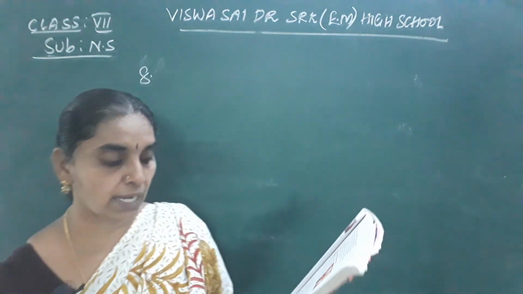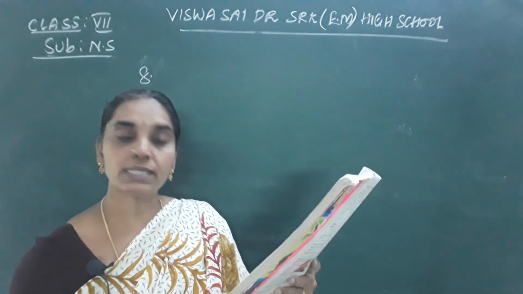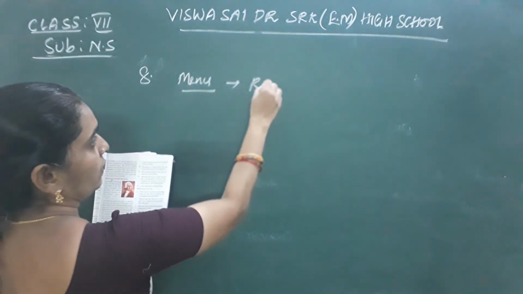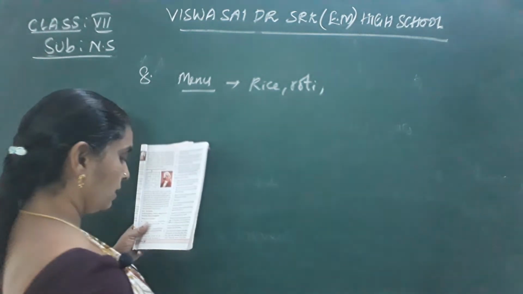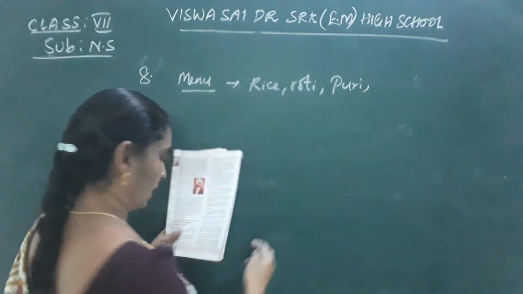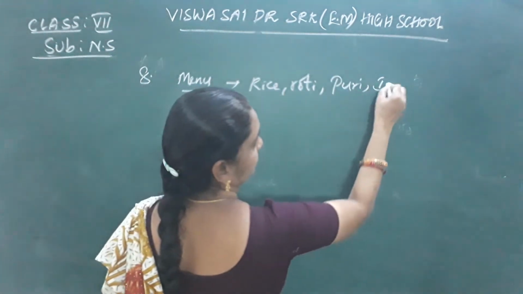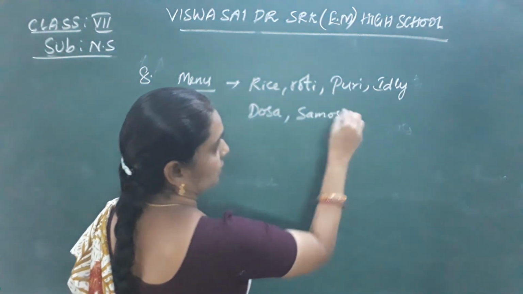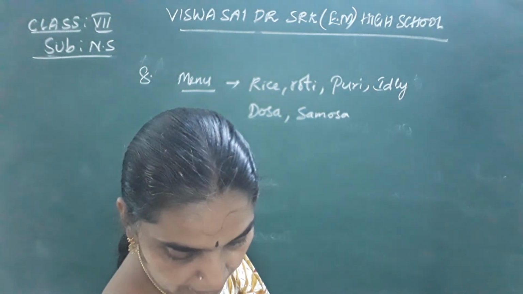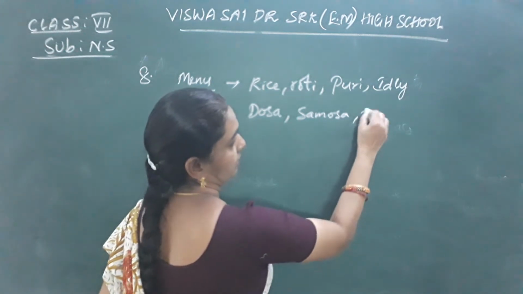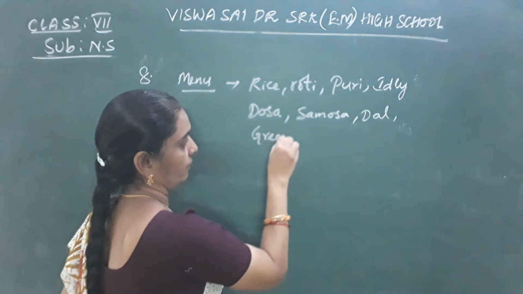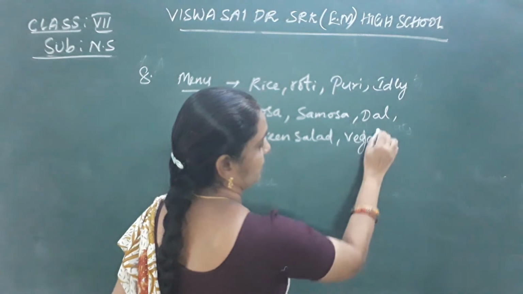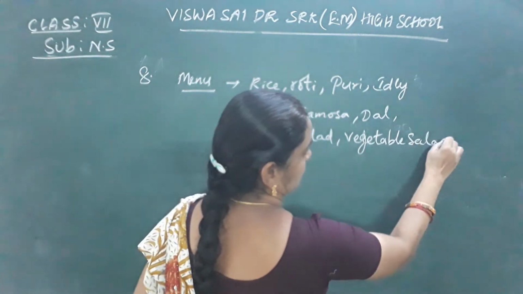And next, question number 8. In a menu they have given rice, roti, puri, idli, dosa, samosa, vegetable salad, dal, green salad, and vegetable curry.